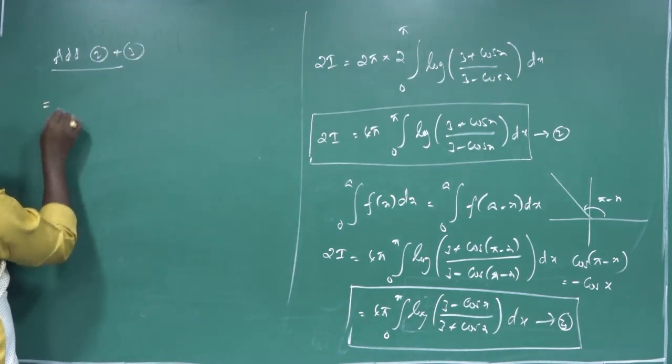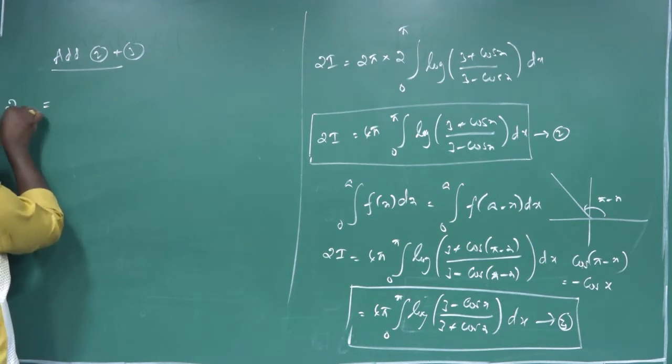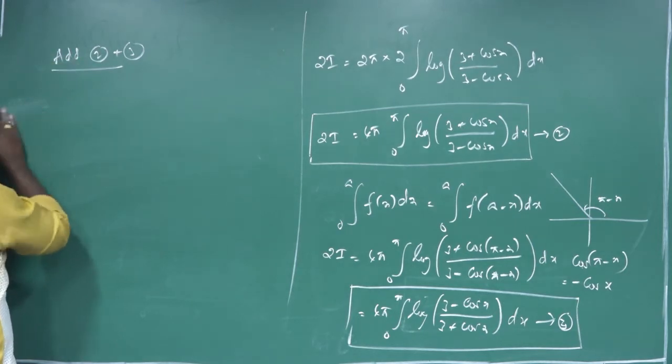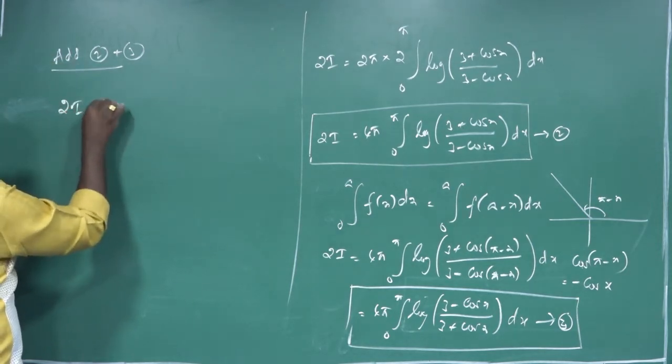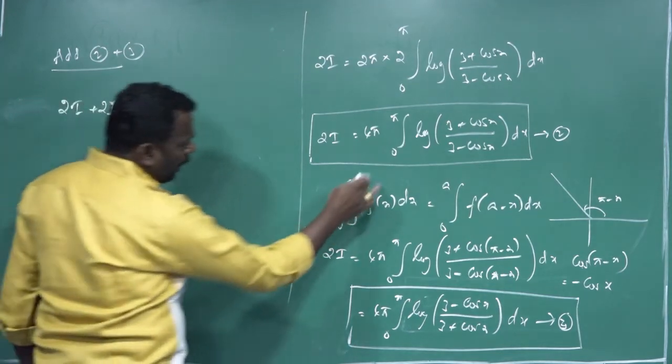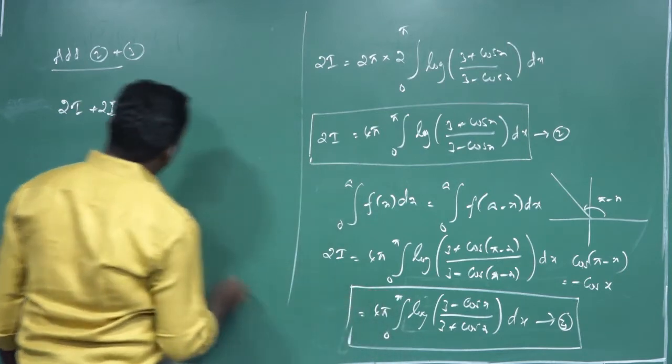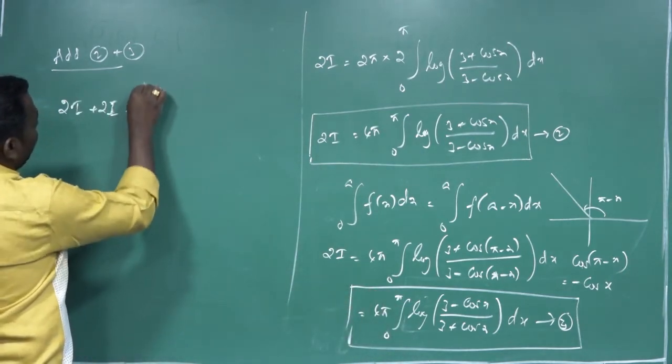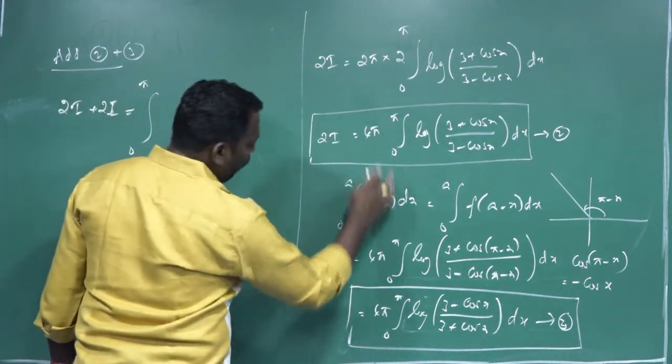That implies 2I plus 2I, the alternate equation, is equal to, and both have the same interval, 0 to pi. Outside we have 4 pi.